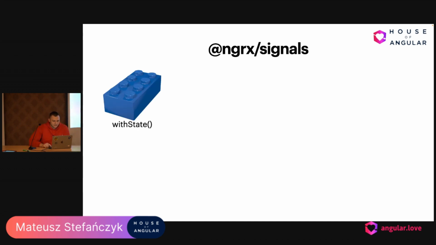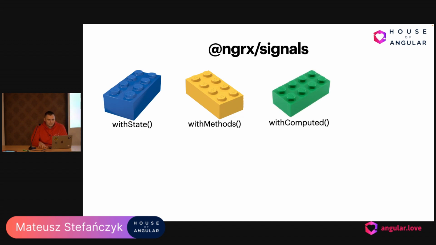From the blocks they provide us, we can distinguish withState, which is simply the function to define our state. So what is the structure of our state? Usually we provide the structure and the initial state value. Then withMethods, which allows us to define methods in the scope of our state. withComputed, which lets us define computed properties from other computed properties or from the initial state.